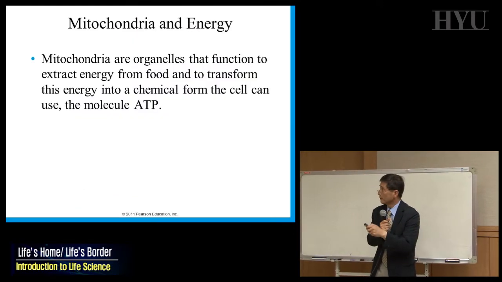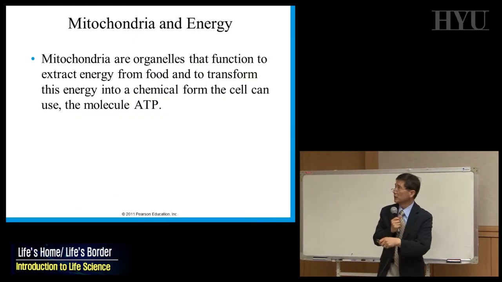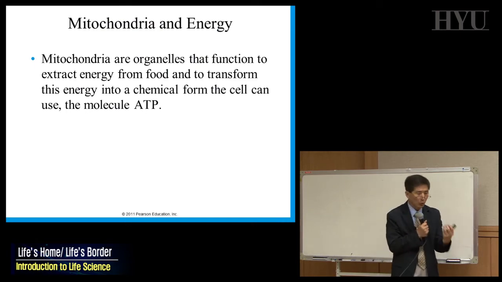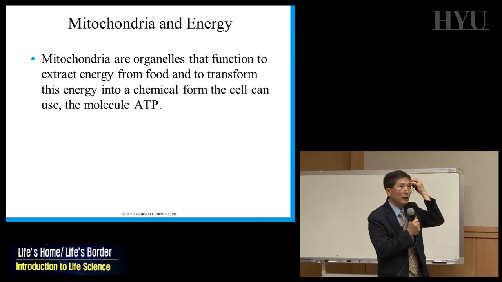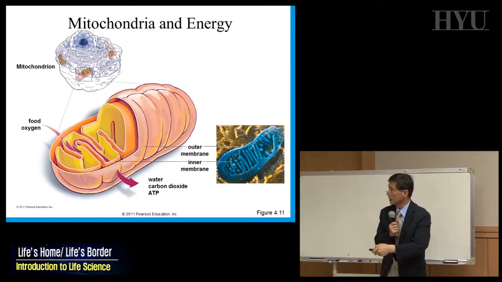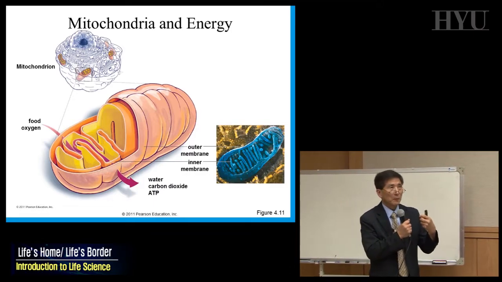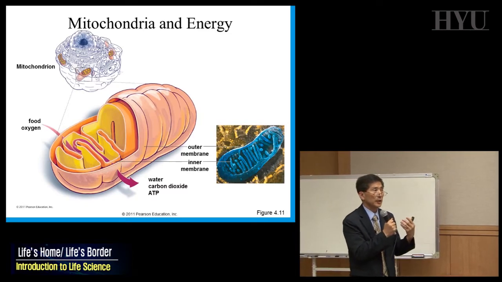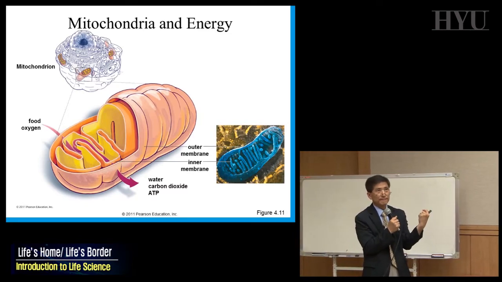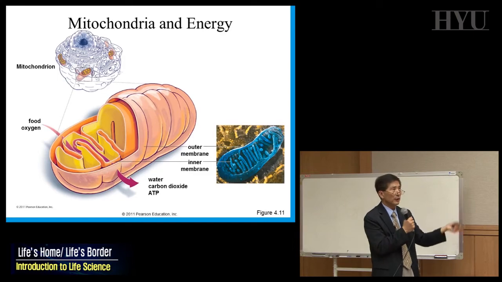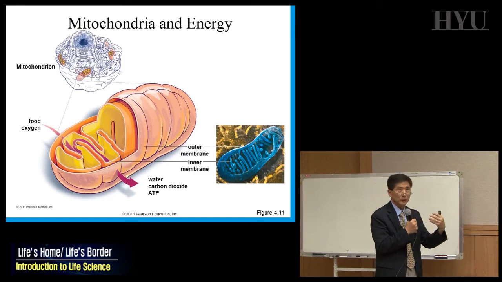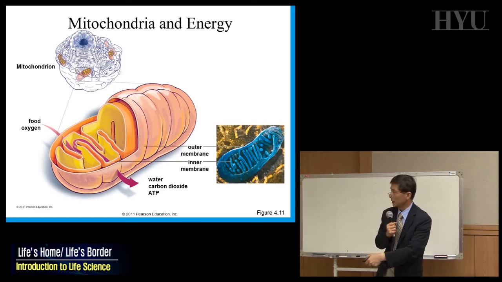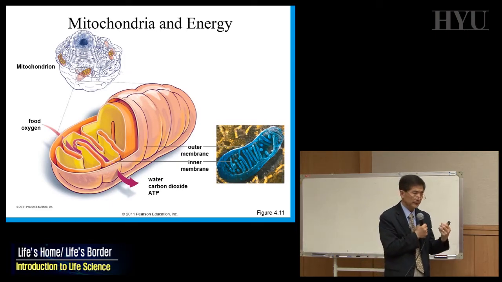So why is mitochondria important? We'll come back to it with a whole chapter. Mitochondria is the power plant of the cell. Power plant, it's like a cash machine. So they will generate ATP, which is cash, inside the cell.